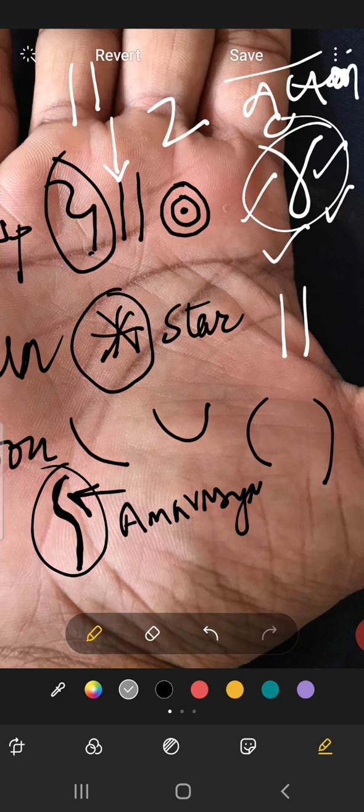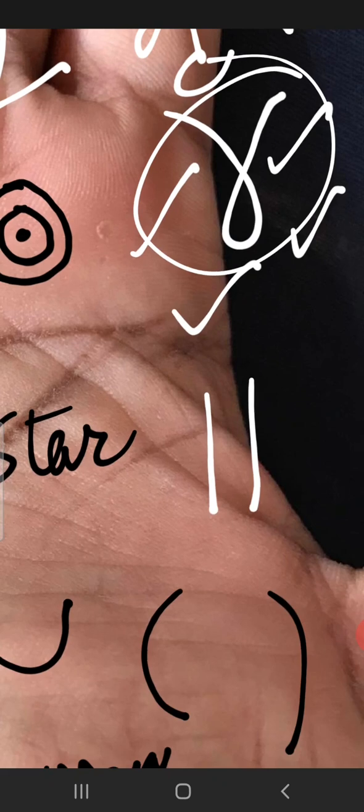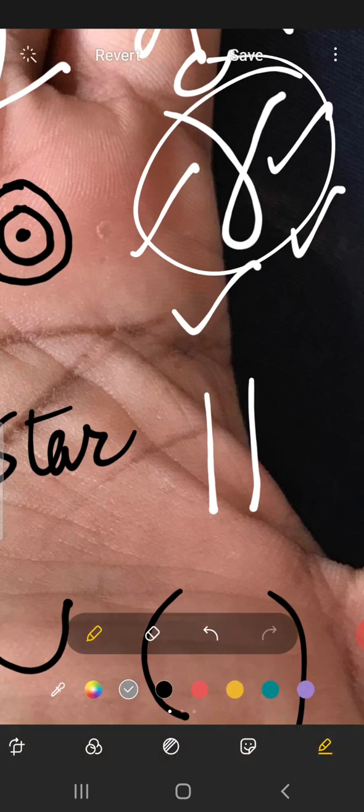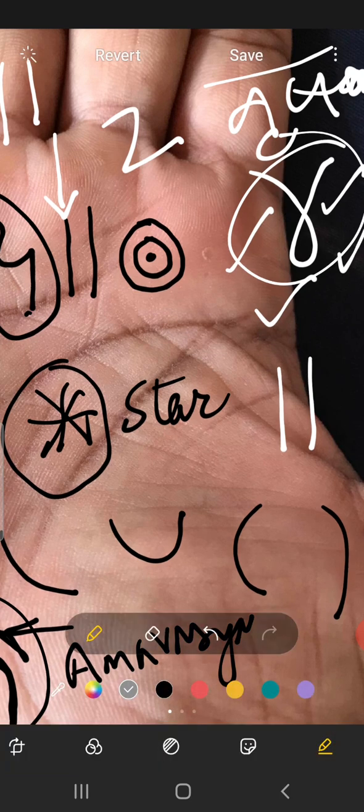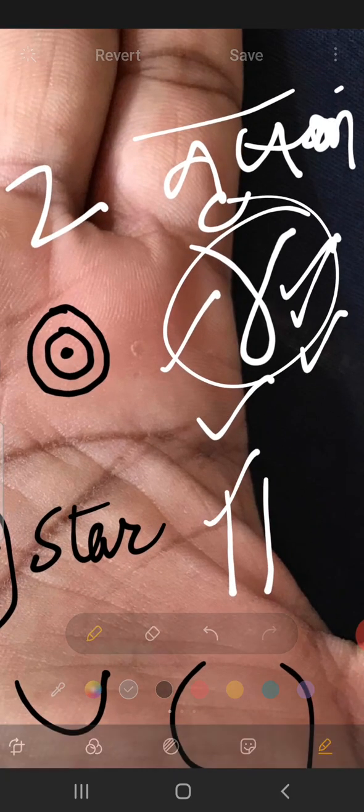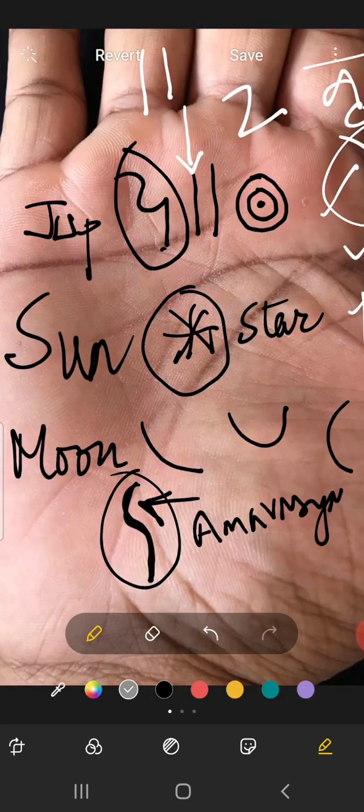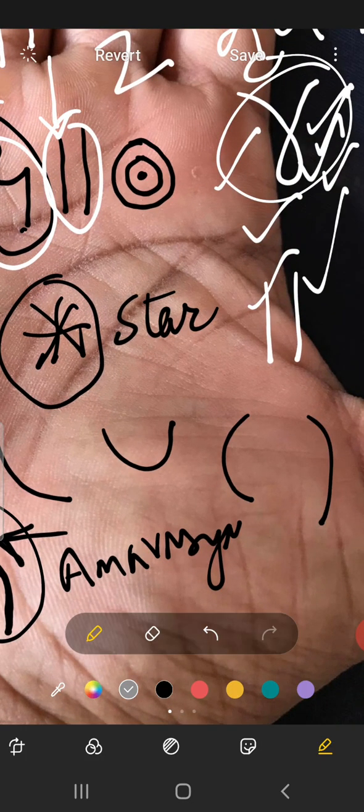We have to learn more about it, but this is just the beginning. I'm making things clear straight away, because many students who have learned chinha and Rashi chinha get confused. So don't get confused. These two are different things. Here we look at Gochar mainly. These are permanent, static. These are dynamic, which means they change.